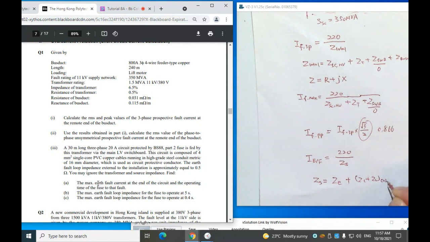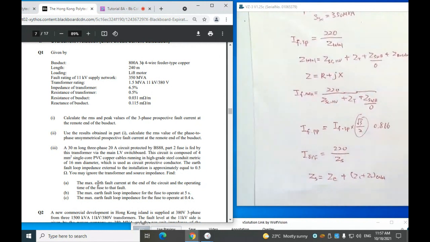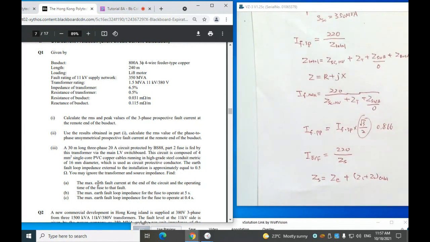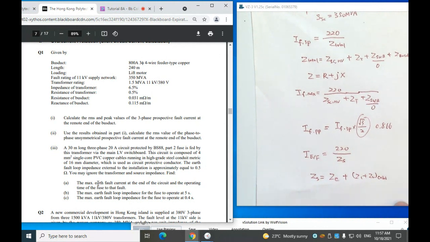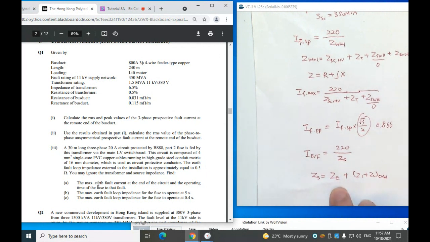We have cable 1. In this case, we only have one cable, one circuit. So that is the earth fault loop impedance. This is 0.5 ohm, and this one actually includes the impedance of the line conductor and the CPC.